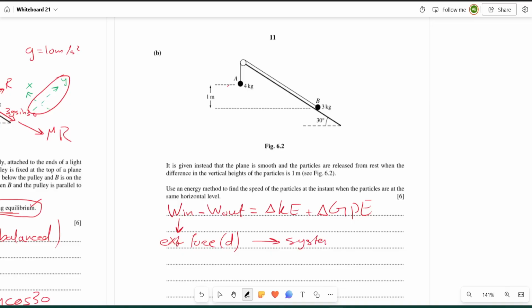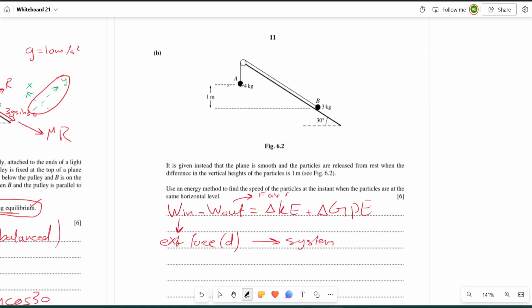I mean forces like pulling A down or pushing A down, forces that give A some energy and accelerate it. Work out is the other way around. It's external forces that take away energy from the system, like friction, air resistance, and so on.